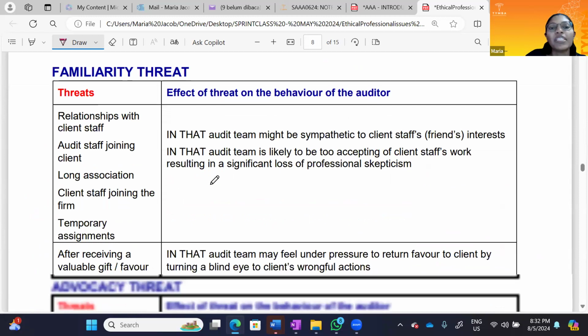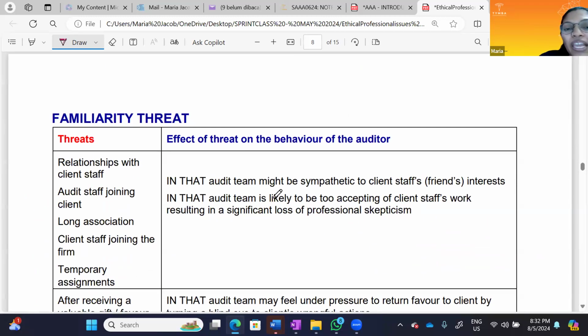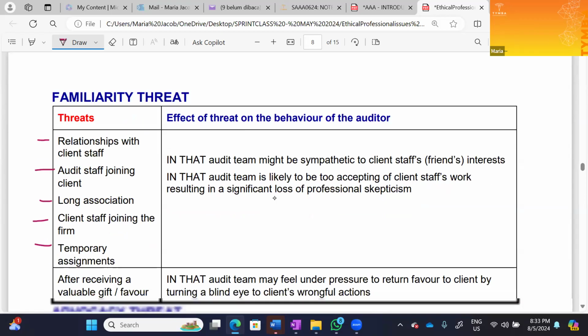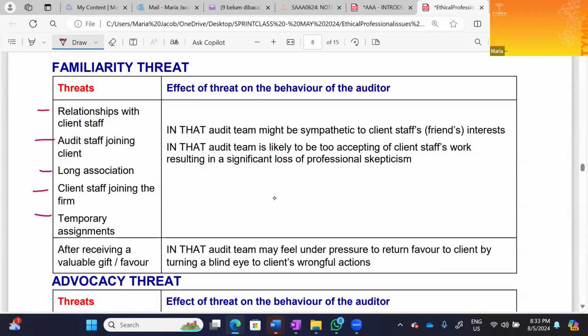Now, if it's a familiarity threat, the way I want you to remember to explain it is: familiarity threat is due to a relationship with the client, audit staff joining the client, long association, client staff joining the firm, temporary assignment, when you have already built a relationship, or after receiving a valuable gift.